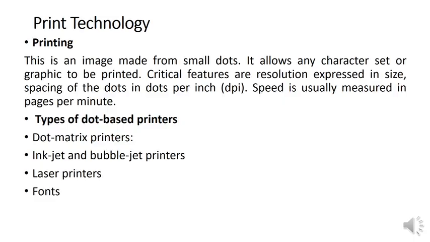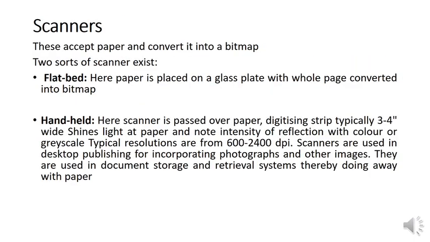All of us have seen a printer before and we know how it works, and it prints using small dots to get the job done. Types of dot-based printers: we have dot matrix printers, inkjet, bubble jet, and laser printers.